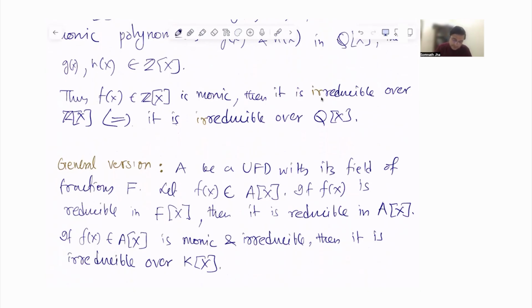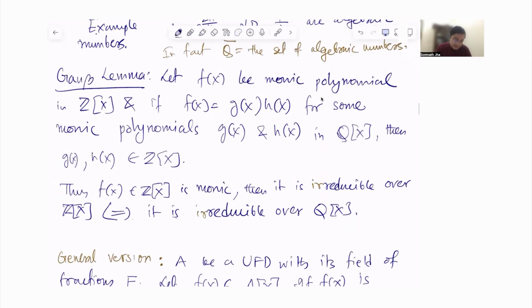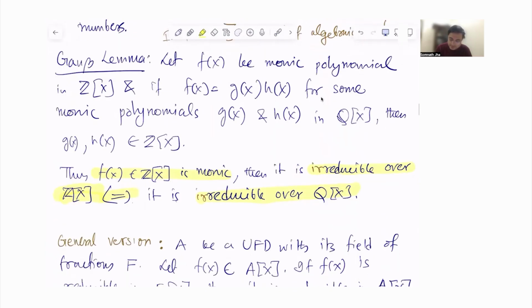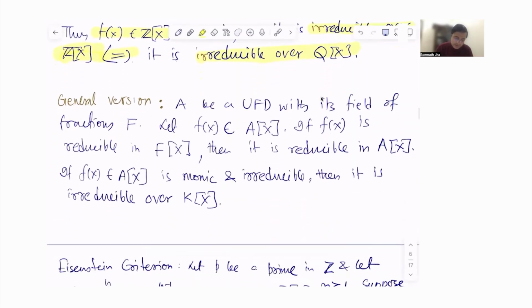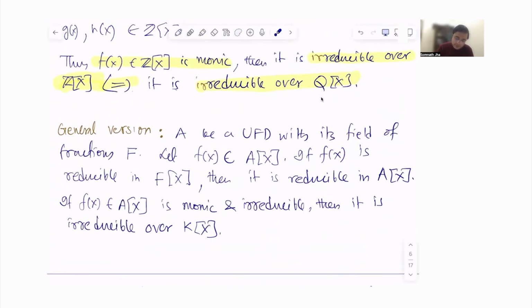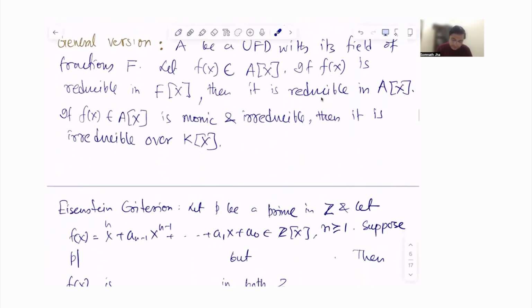So this is the general version. Mostly we'll focus on this special case, that if f(x) in Z[x] is monic, then irreducible over Z[x] is equivalent to irreducible over Q[x]. There is a corresponding version over a UFD also, which we have discussed, but at the moment.